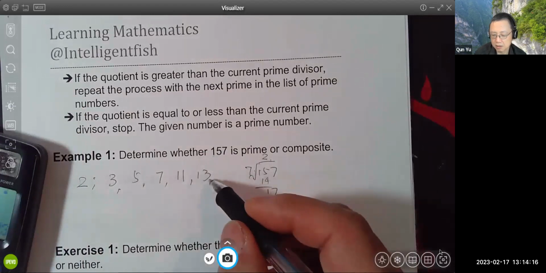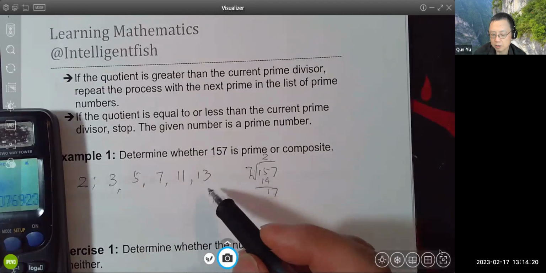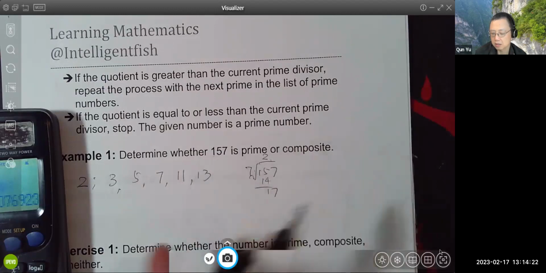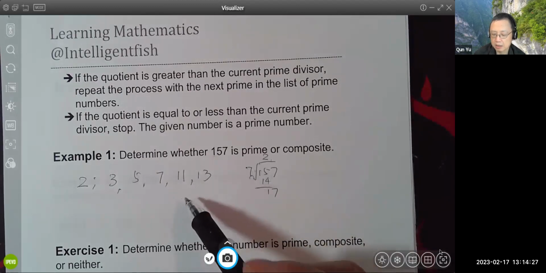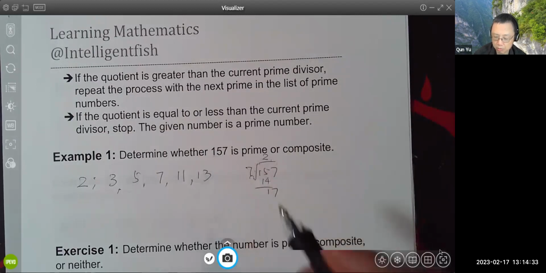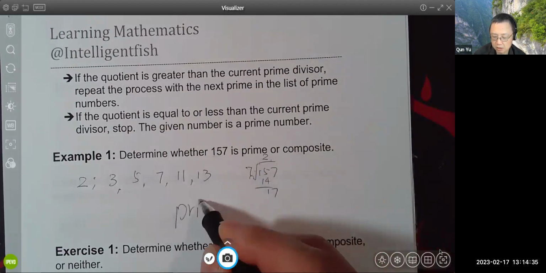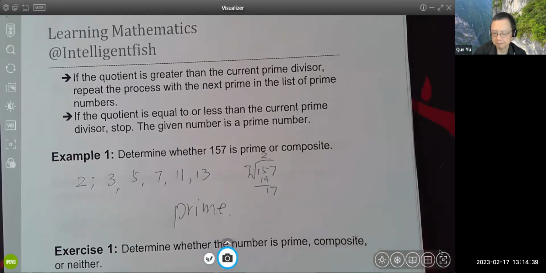So this is not an answer either. But our quotient, 12 point something, is now smaller than the divisor. So we don't have any number that can divide into 157 other than 1 and the number itself. So this is a prime number. The answer is that 157 is a prime number.